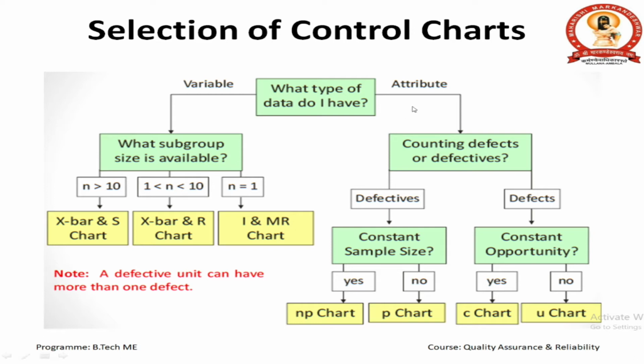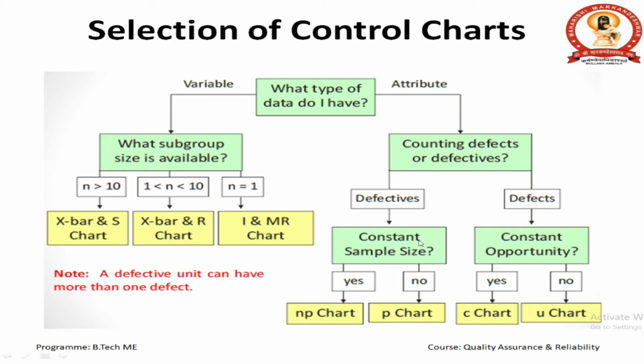Now if the data is in counts, like in defects or defectives, then you can say it's an attributable data. Then if you want to draw the defectives, then you have to see whether the lot size is constant or not. If you have a constant sample size or lot size, then you draw NP chart.